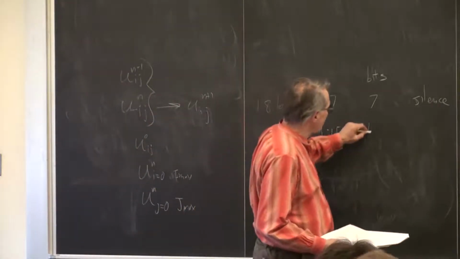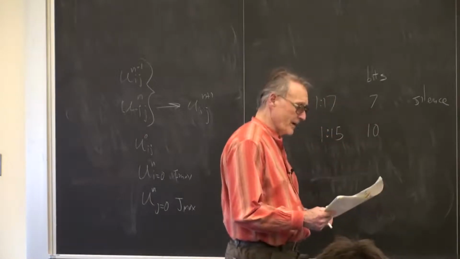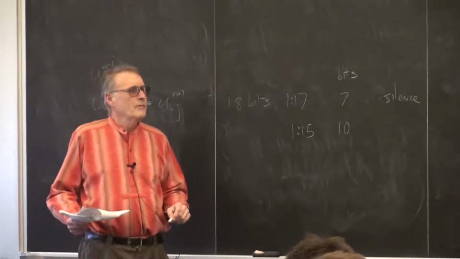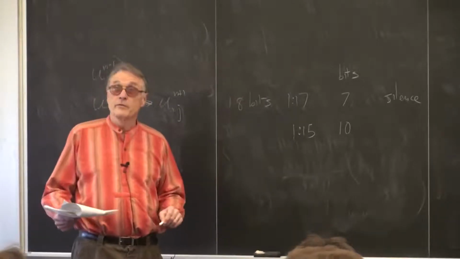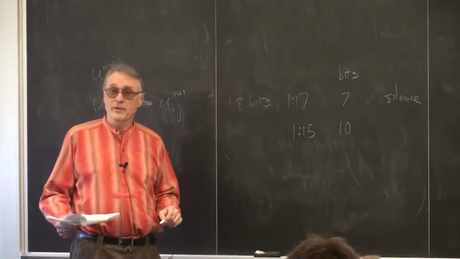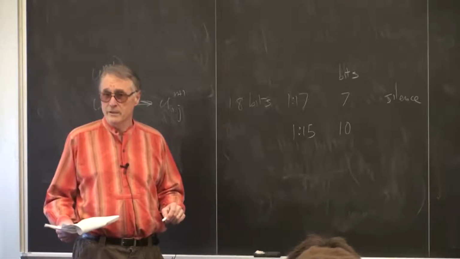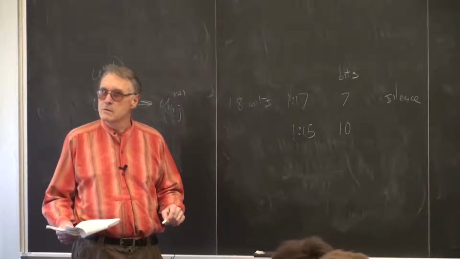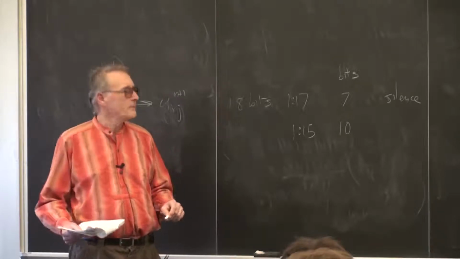If you do 10 bits of accuracy, and you know, if you multiply the number of decimal digits by 3.2, you get the number of binary digits, right? And why is that? Think about it.